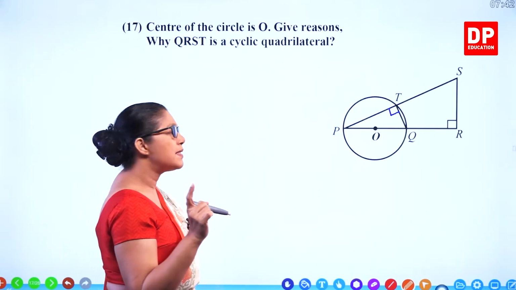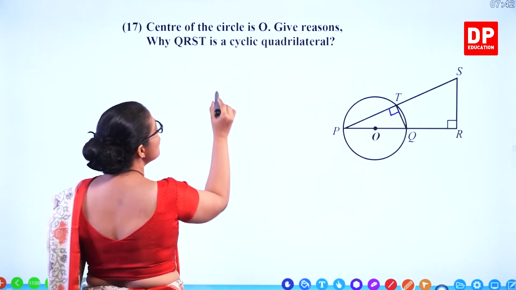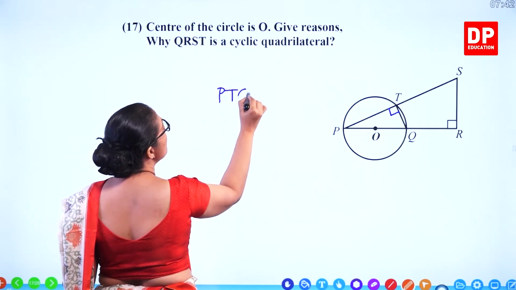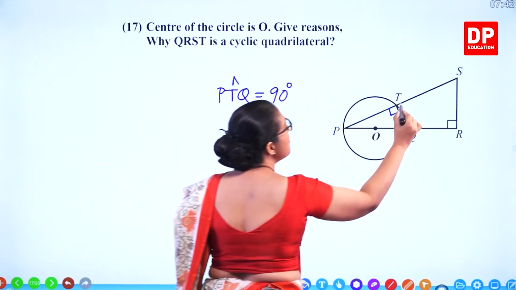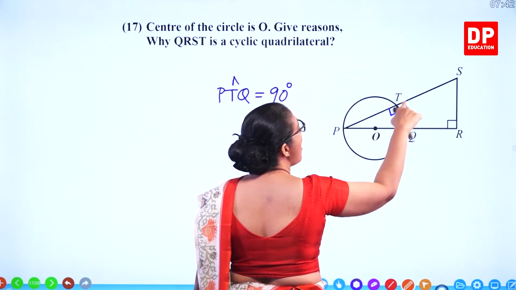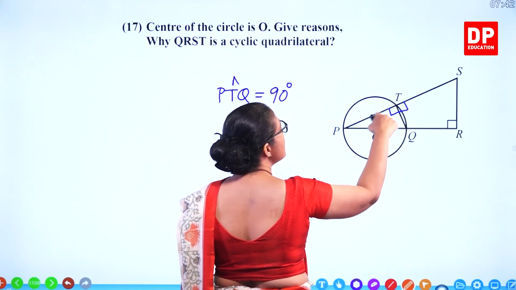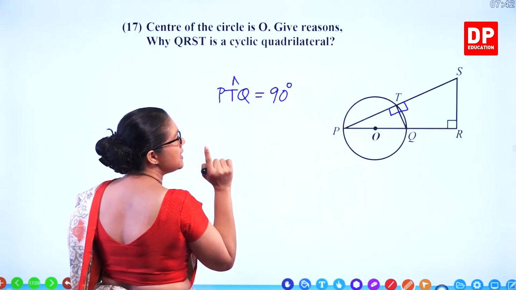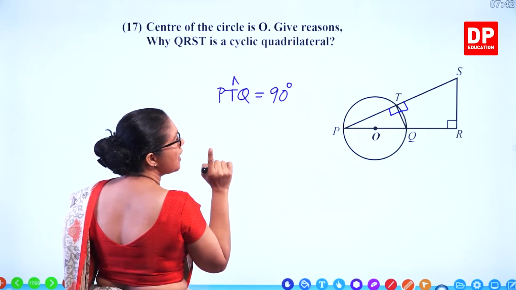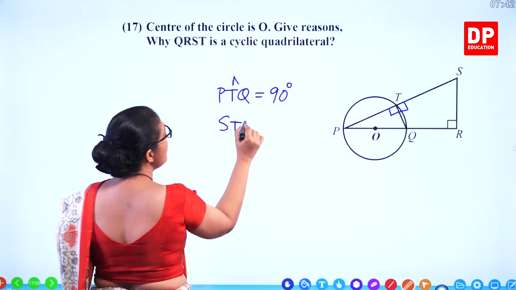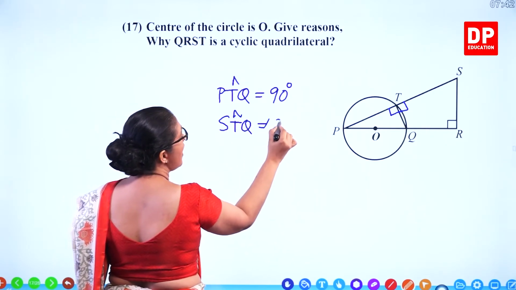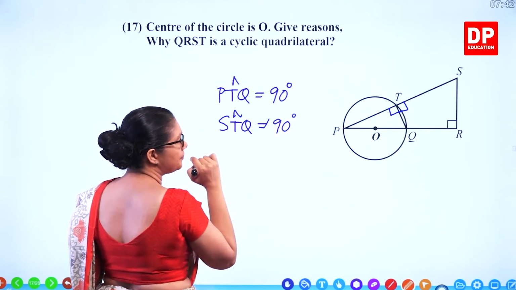Any angle in a semicircle is 90 degrees. So PTQ is 90 degrees. So that means this is 90. 180 minus this because this is a straight line. PTS is a straight line. So we can write STQ is also 90 degrees.